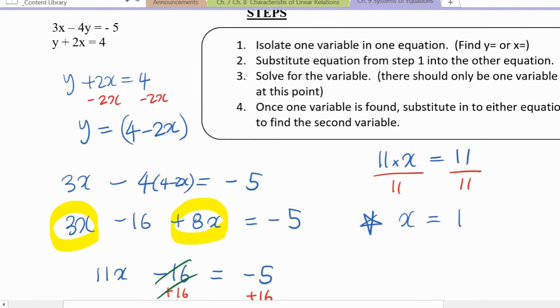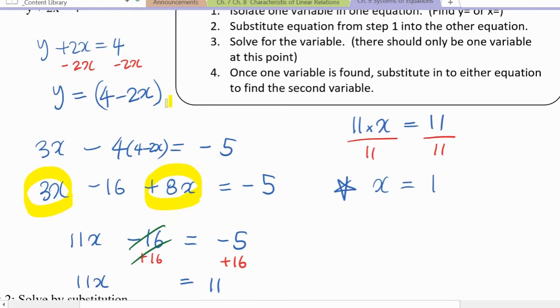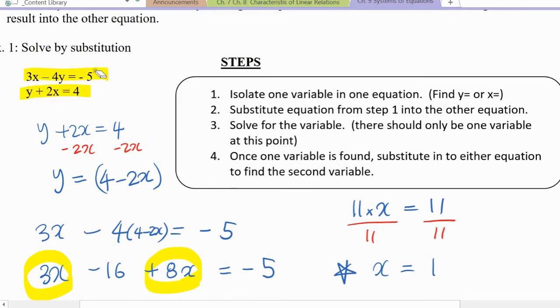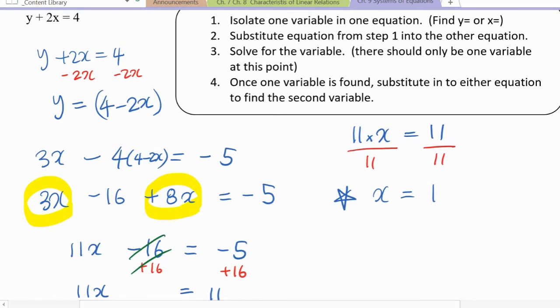Using this, we have to find y. We already have an equation with y isolated, so we're going to use this equation. Or you can just use one of the original equations. I'm just going to simply plug that in. We know y equals 4 minus 2x.